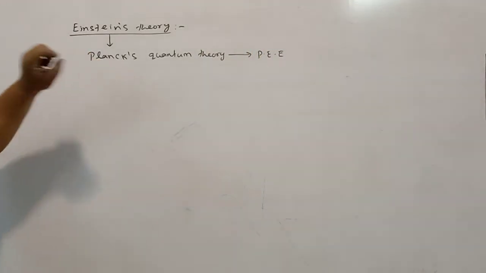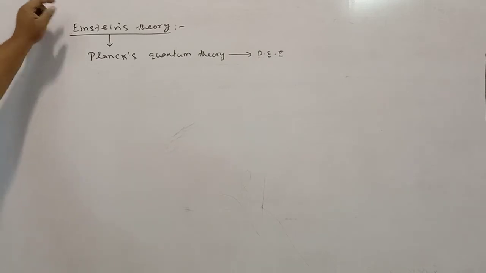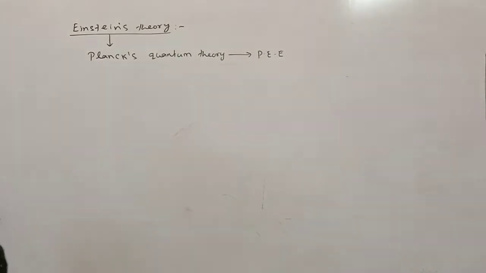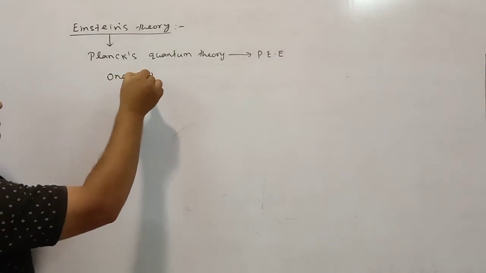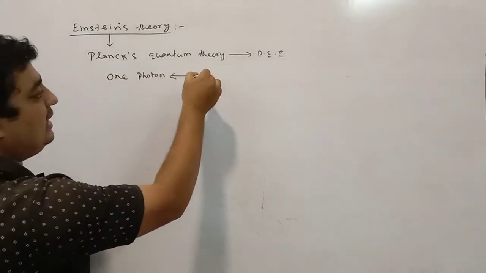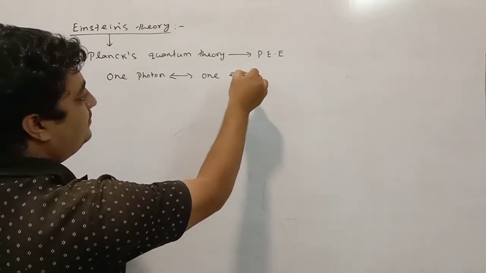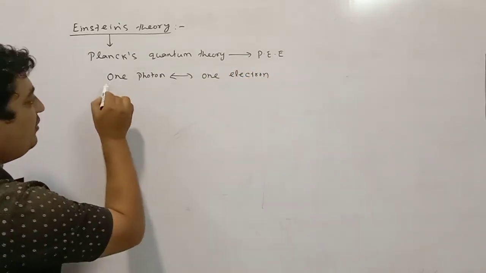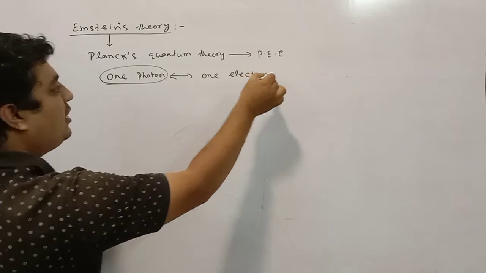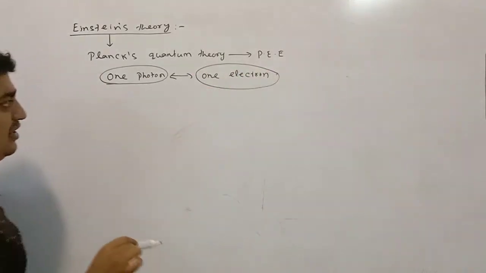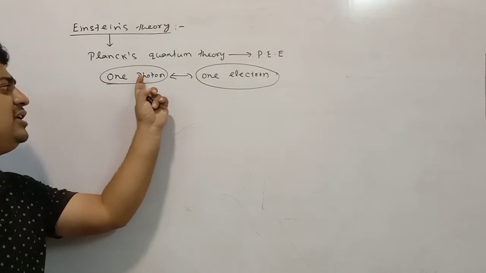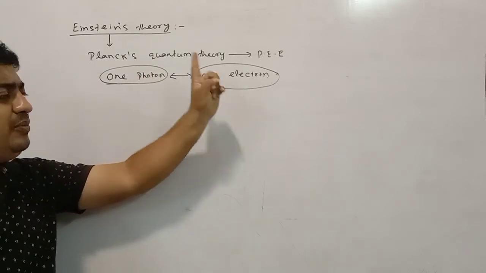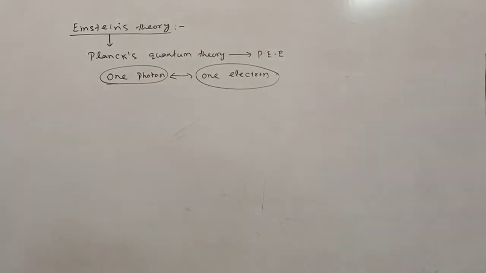According to Einstein, photoelectric emission is a one photon, one electron phenomenon. So, one photon interacts only with one electron. That means the total energy of a photon can be absorbed by only one electron.